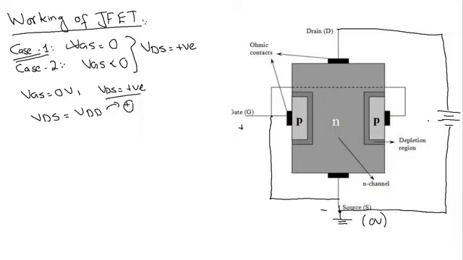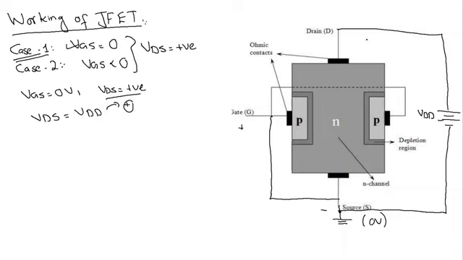So now we have a VDD over here, and this VDD is some positive battery, because the positive terminal is connected to the drain and the negative terminal of the battery is connected to the source.